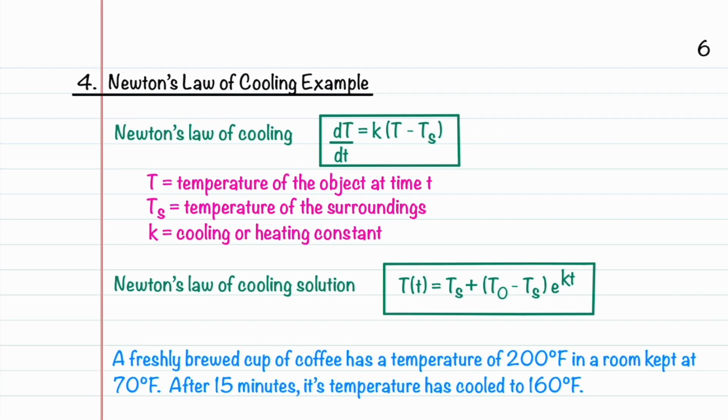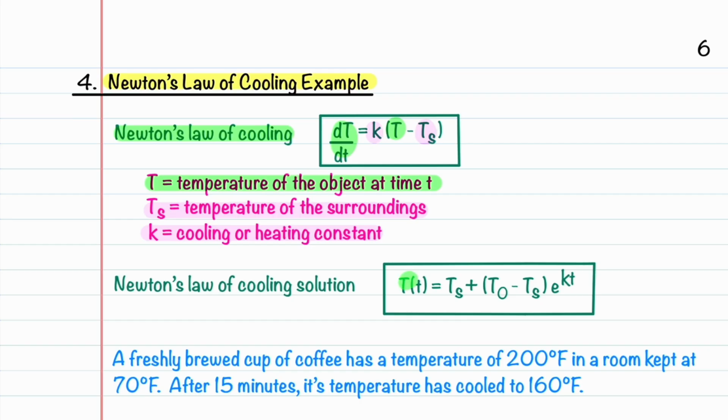We're going to look at an example that involves the cooling of a cup of coffee. Newton's law of cooling is used to model the temperature of any object that changes over time. It tells us that the rate of change of the temperature is equal to k, which is just called the cooling or heating constant, times T minus T sub S, where T is the temperature of the object at time t, and T sub S is the temperature of the surroundings.